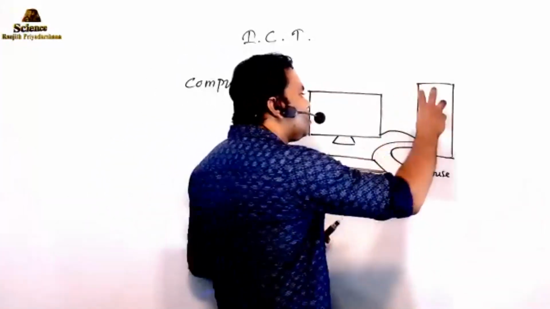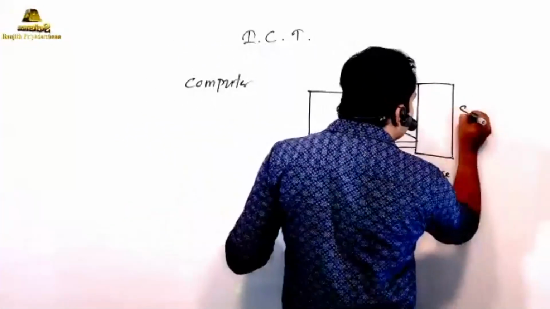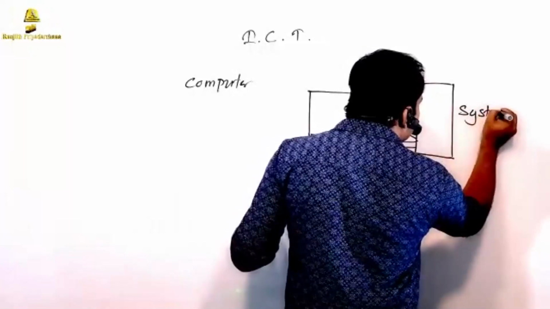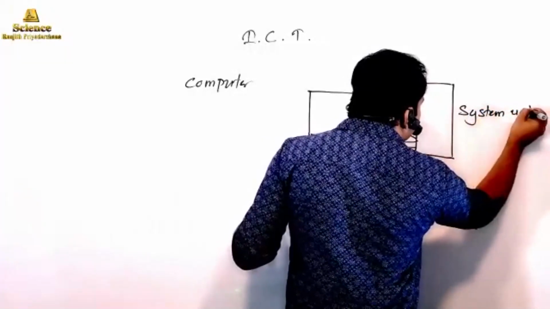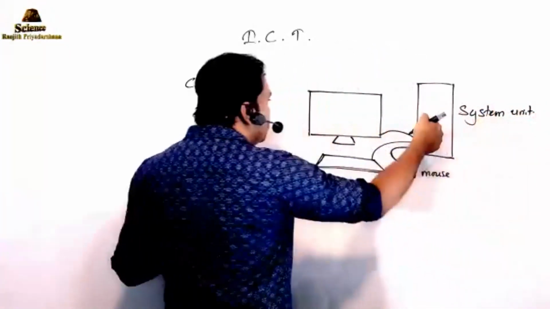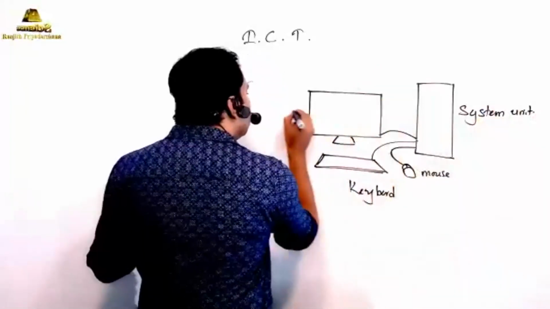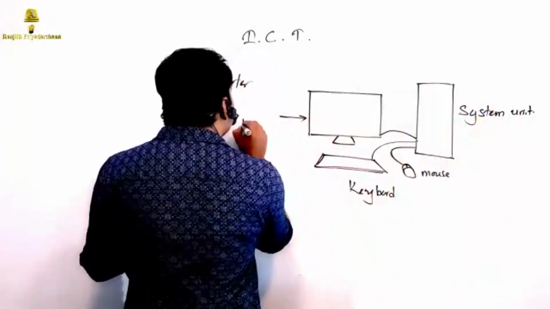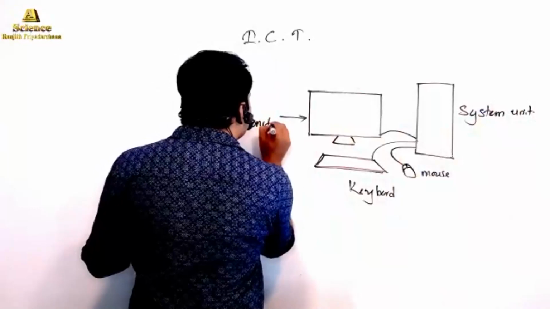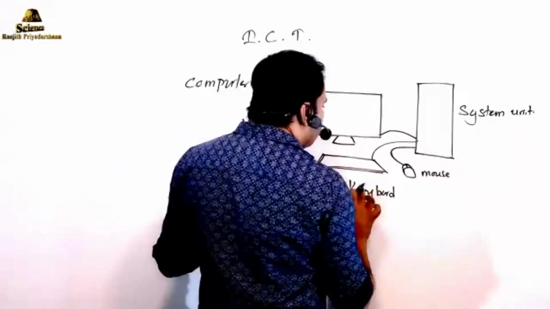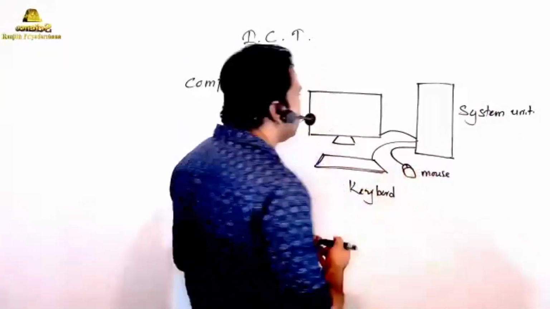Okay, so this is that system unit. Yes, what inside this system unit, I'll show you that. So this is monitor. Okay, so these are the main components what you see.